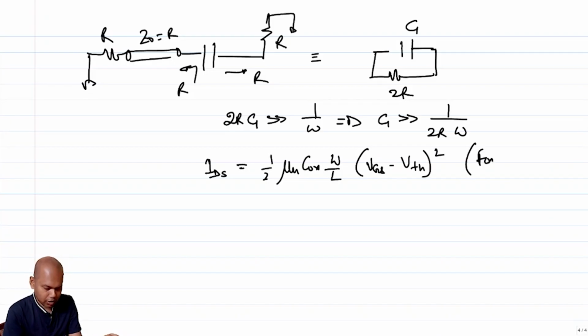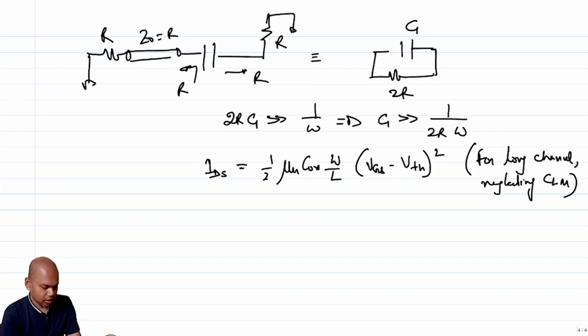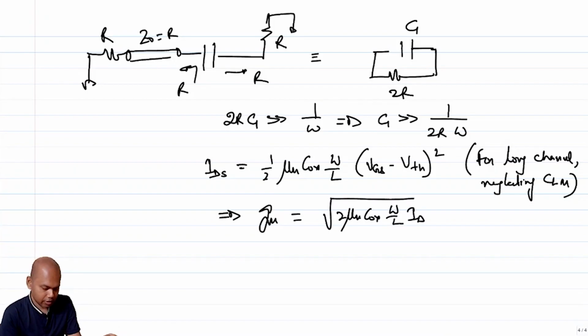This is for long channel, and neglecting channel length modulation. Which essentially means that I can write GM as under root 2 mu n C ox W by L ID, which is in this case equal to I naught.